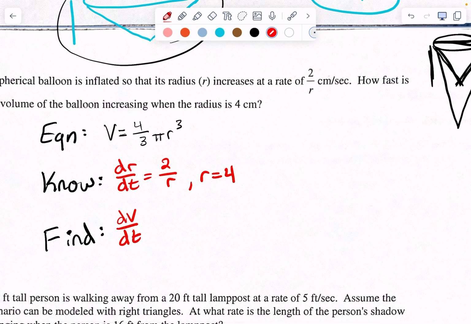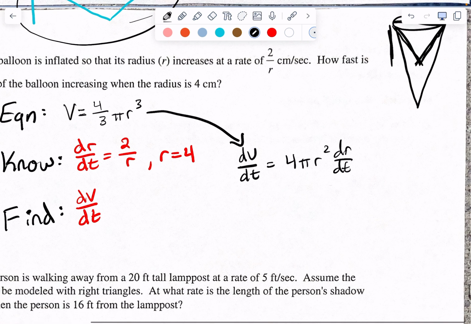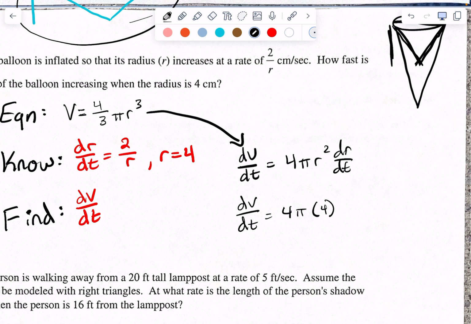Haven't we already done this before? This one? We've done a volume one before, yeah. So the derivative should look familiar. Wait, what's r? Oh, silly me, I know what r is.